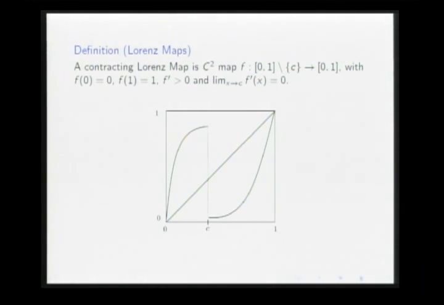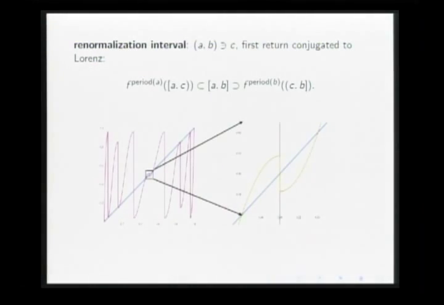So, to be formal now, in our context, we'll be talking about Lorenz maps as being a one-dimensional map like this, and a contracting Lorenz map will be a C2 map that has one discontinuity like here, and these points are fixed, and the derivative is greater than 0, and the limit of the derivative is 0 at the discontinuity, okay?